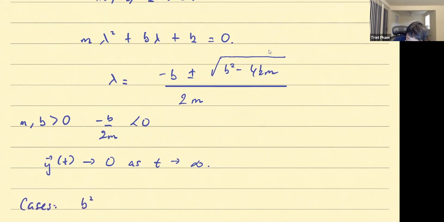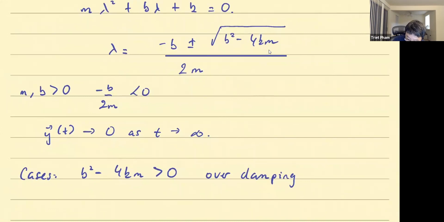When b squared minus 4km is positive, then this is called overdamping, because the solution has both lambda 1 and lambda 2.